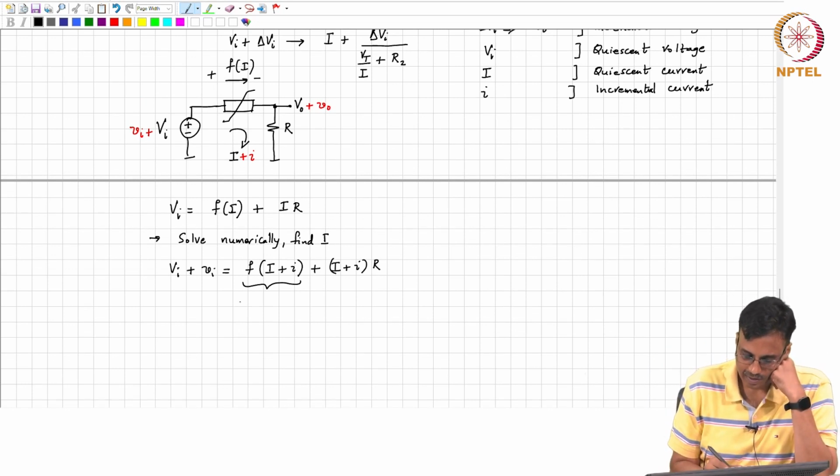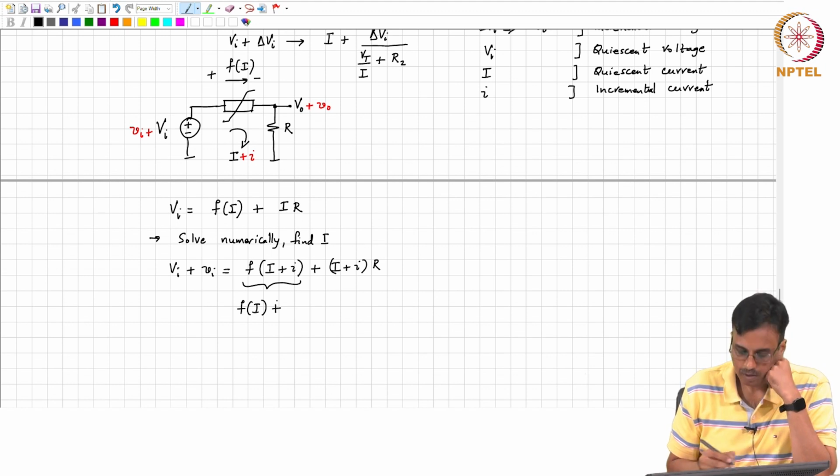In general this is nothing but f of I plus small i df over di, where I abuse notation a little bit.